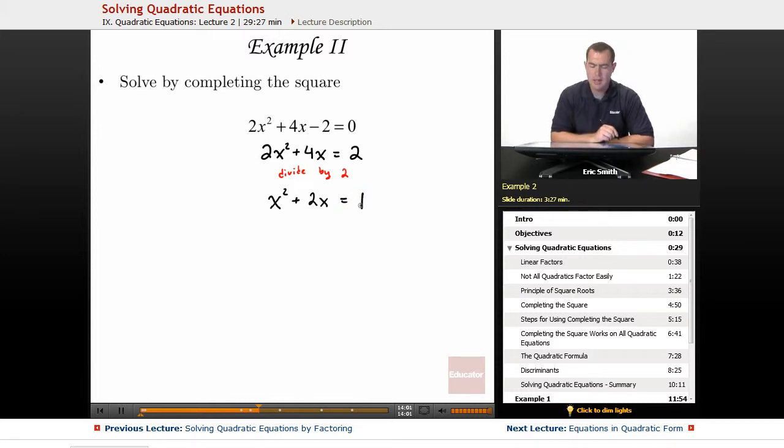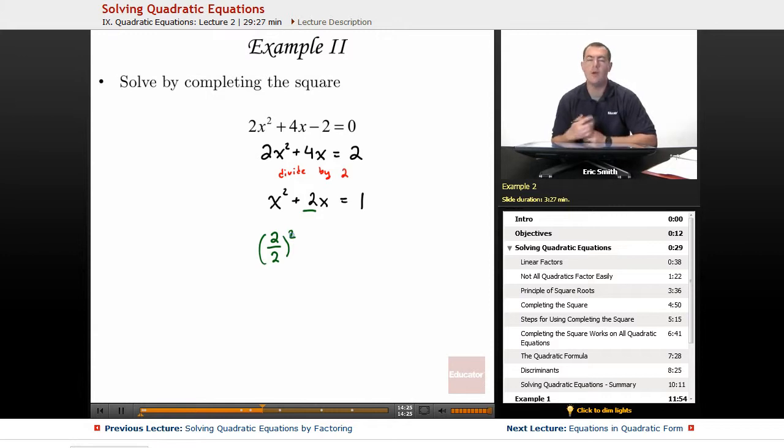Okay. Now comes the part where I need to add something to this quadratic so that it factors nicely. And the way we find out what this number is, we look at the term in front of x. So I have a 2. We're going to take that coefficient, divide it by 2, and square it. I often get questions like, should you always divide by 2 and square it?